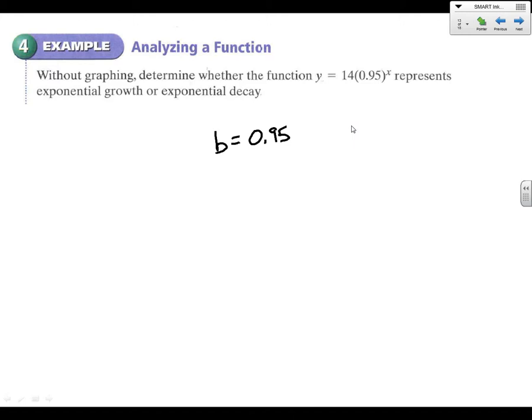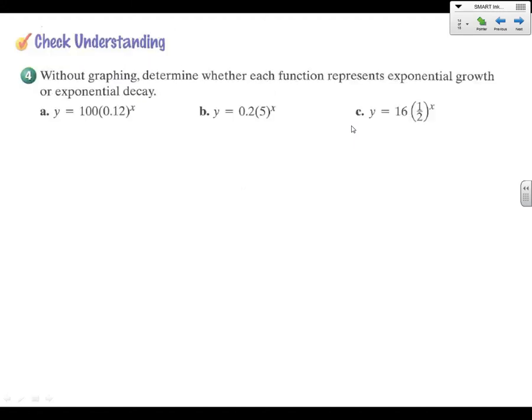All right, that is less than 1. B is less than 1. So if we're less than 1, we're going to be decay. Okay, so that's how you can tell right away. If your growth factor is smaller than 1, decay. If it's bigger than 1, it's exponential growth. All right, so without graphing, tell me whether we've got growth or decay for A, B, and C.